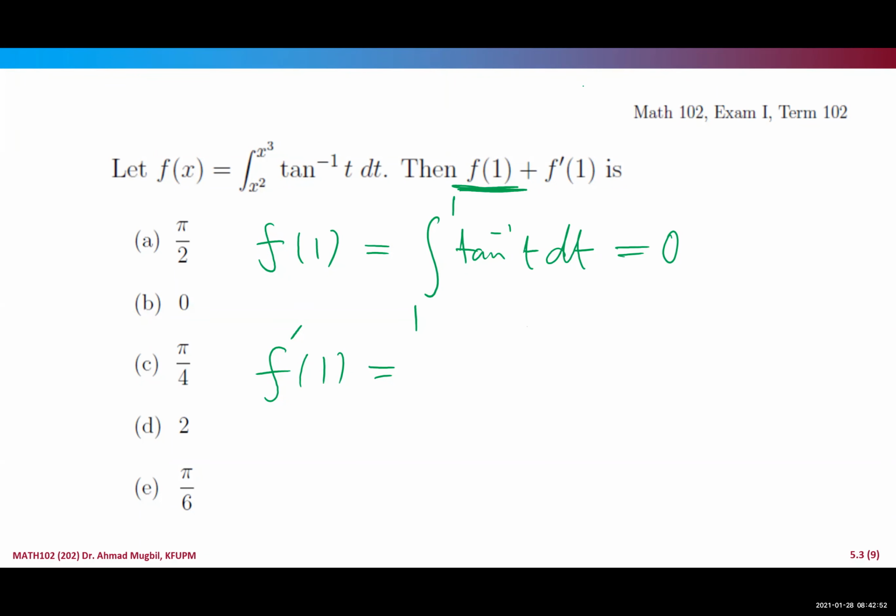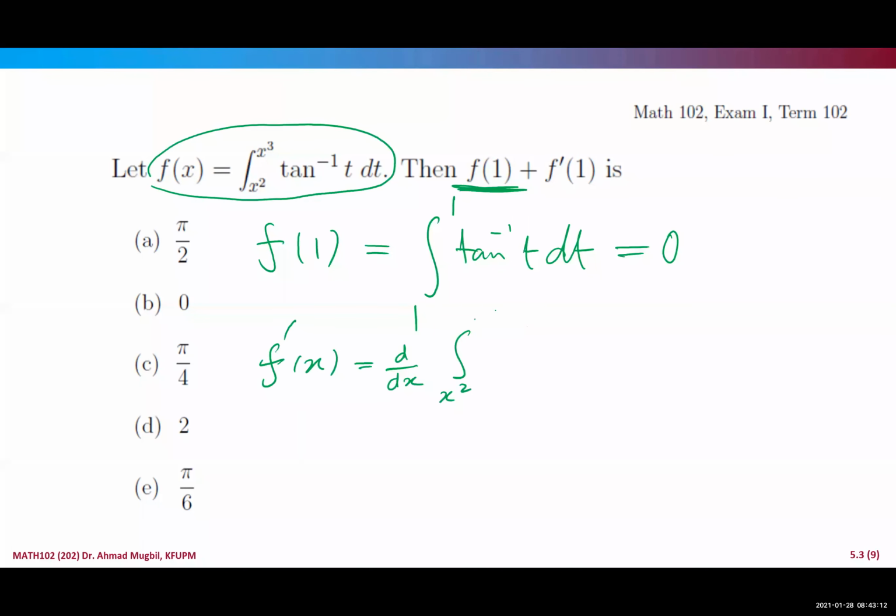Now, what is f prime at 1? First of all, if you want to find f prime at 1, you need to find f prime at x first. The f prime will be the derivative of this integral. What is the derivative of this integral according to the Leibniz rule that I just told you before?